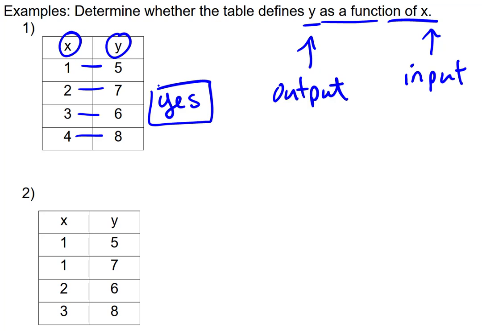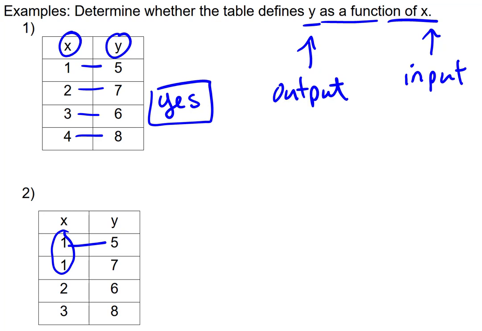Now, if we look at example 2, the input column x reads 1, 1, 2, 3. The output column y reads 5, 7, 6, 8. But you may notice something interesting, which is that in the input column, the value 1 appears twice. Well, this is actually a problem because in the first row, 1 is mapping to 5.